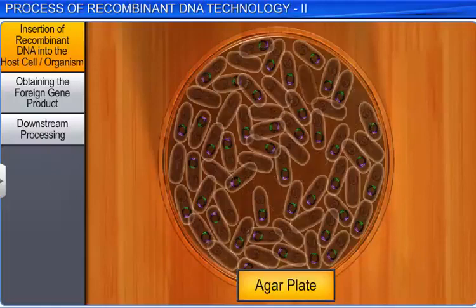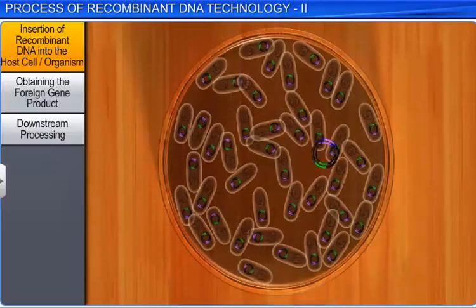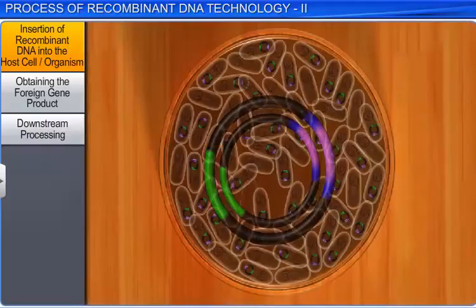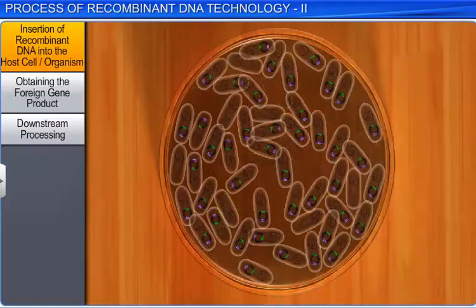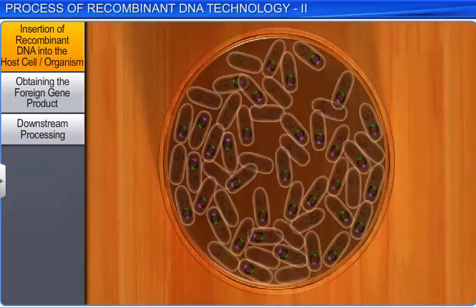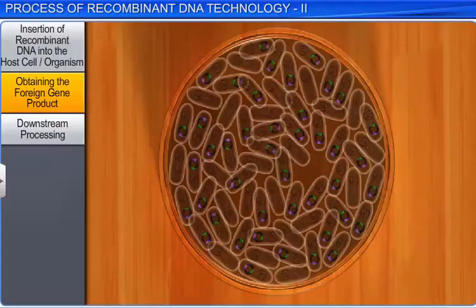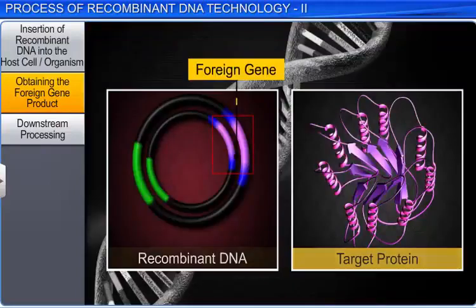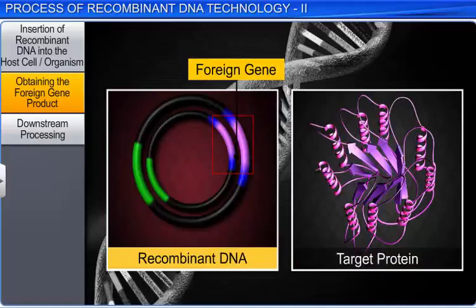On the other hand, non-transformant recipient cells will die. In this case, the ampicillin-resistant gene acts as a selectable marker since it identifies and eliminates non-transformants and permits the growth of transformants. Let us now understand how to obtain a target protein from a foreign gene of recombinant DNA.